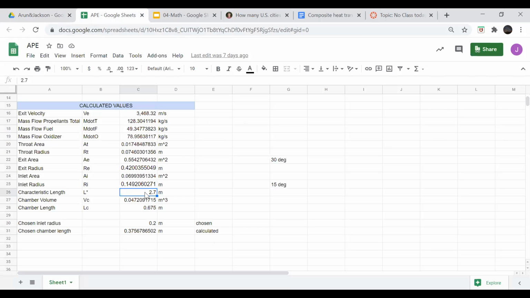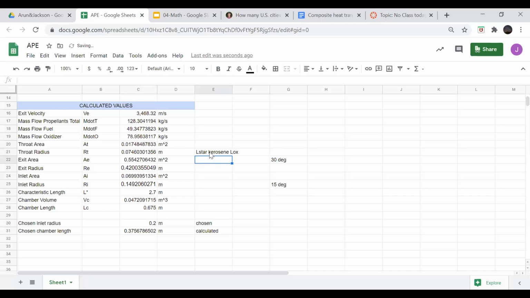But most of the common fuels you'll be able to find some NASA paper if you Google characteristic length, or if you just Google literally Lstar, for let's say kerosene box, you'll probably find something.